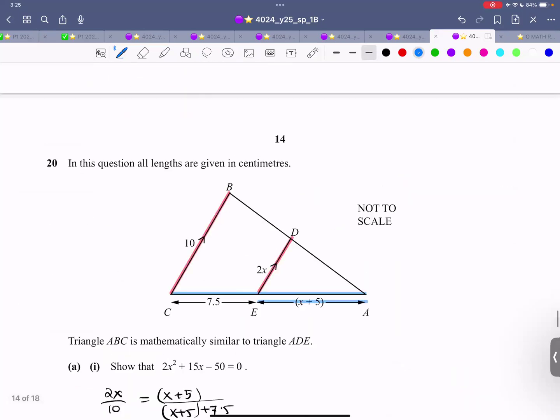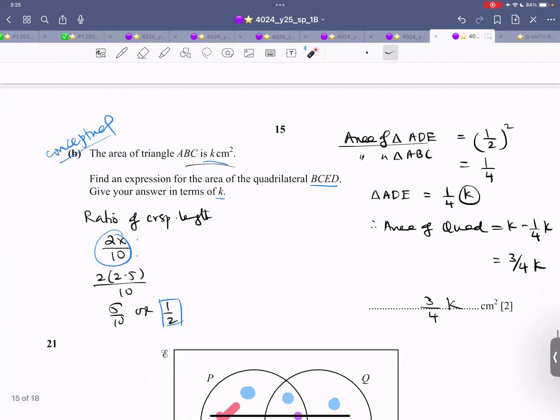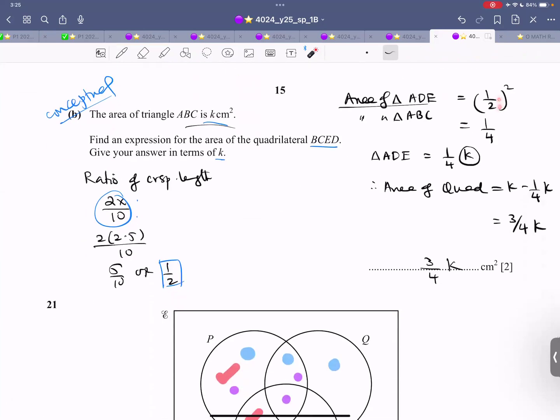So the ratio of this length to this big length is 1 is to 2. The ratio of this small blue to the whole thing is 1 is to 2. Therefore, the ratio of areas of small to big triangle should be 1 is to 2 whole square. That's a property of similar triangles. These two triangles are similar.